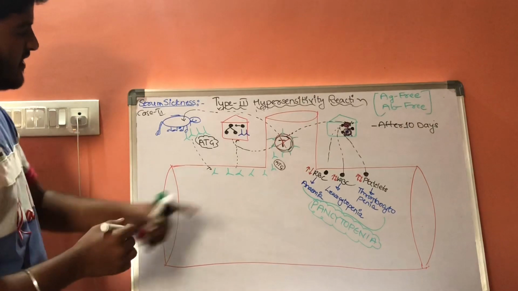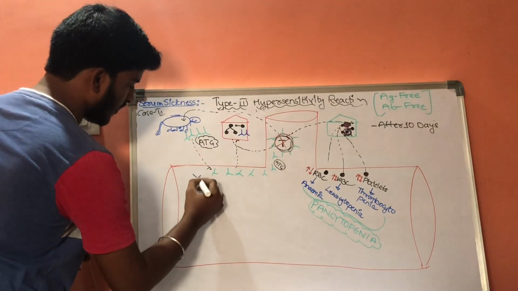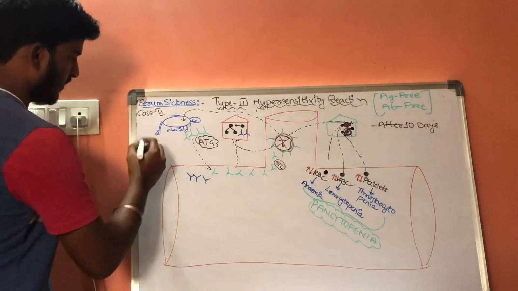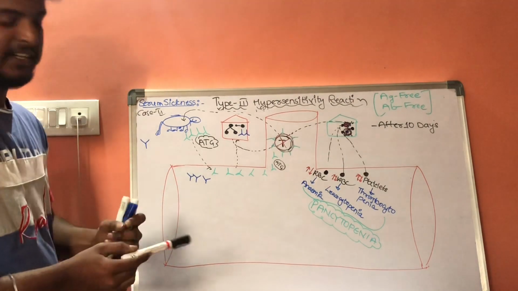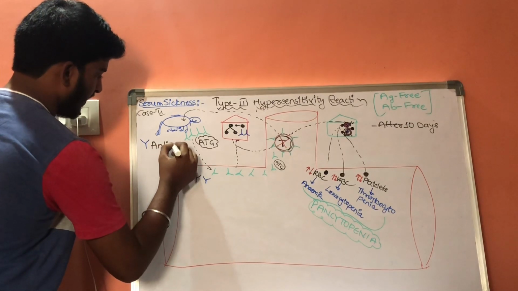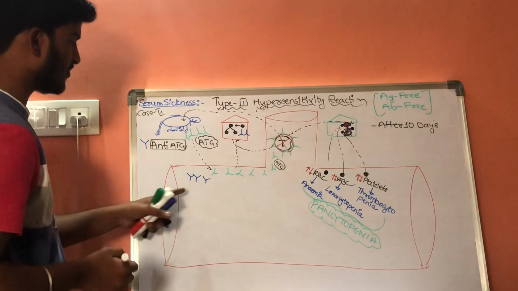These antibodies will enter the bloodstream. These blue color antibodies are called anti-ATGs, which are produced against these ATGs.